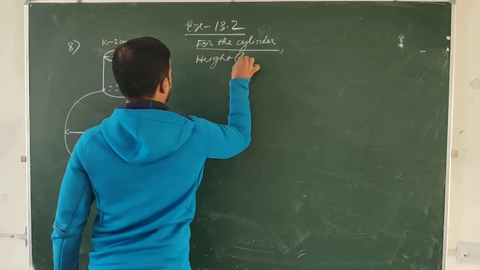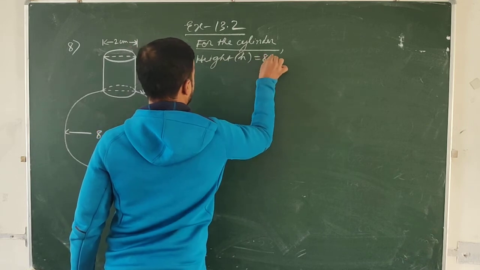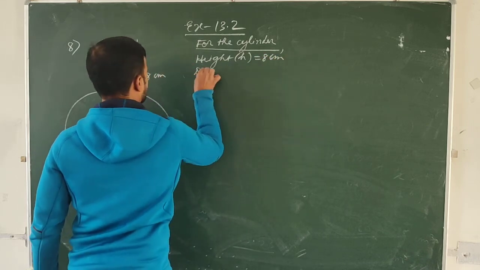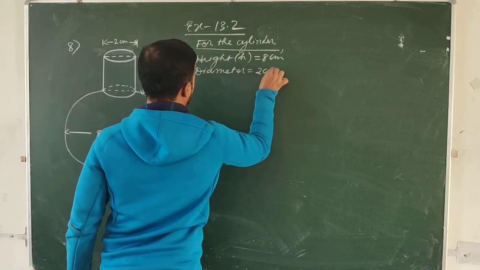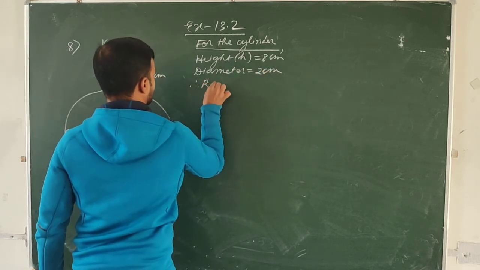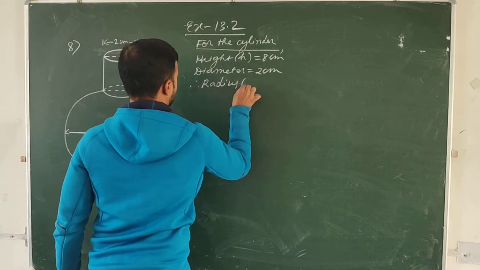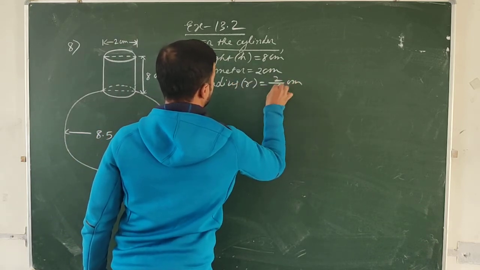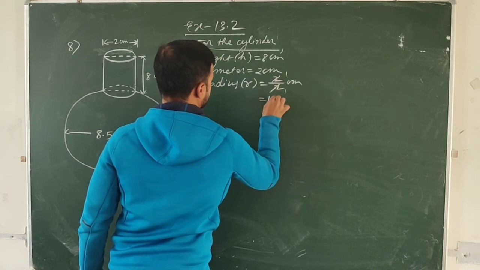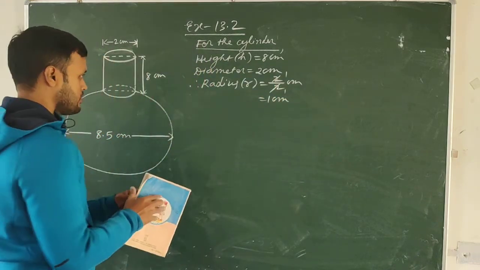Height h is equal to 8 centimeters. Diameter is equal to 2 centimeters. Radius r is equal to 2 by 2 centimeter, that is 1 centimeter. Okay.